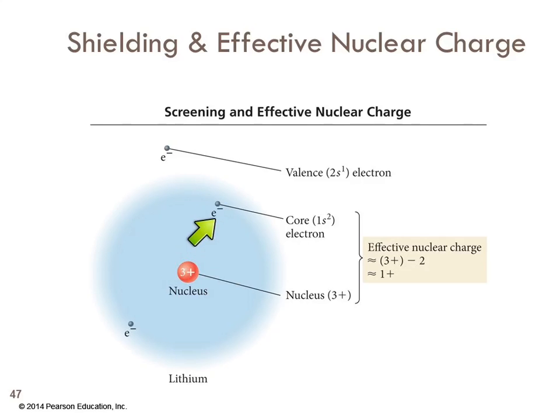And so they are canceling out 2 of the positive charges here. So when this guy looks at the nucleus, he's seeing 1 proton. So we say the effective nuclear charge is +1, because these core electrons are between the valence electrons and the nucleus. Does that make any sense?